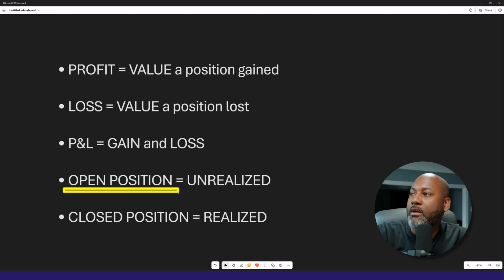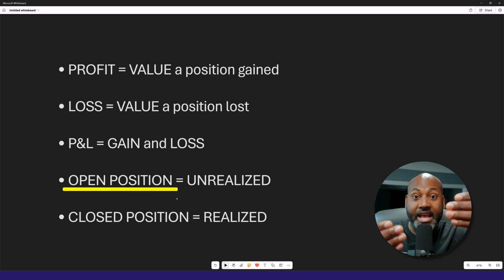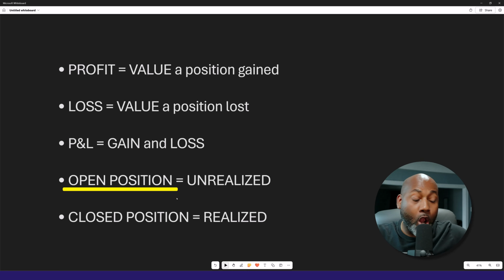So when we open a position, remember, we got to close it to end the position, but to start a position, we open it. As long as that position is open, any value that we gain or any value that we lose while the position is open is called unrealized.